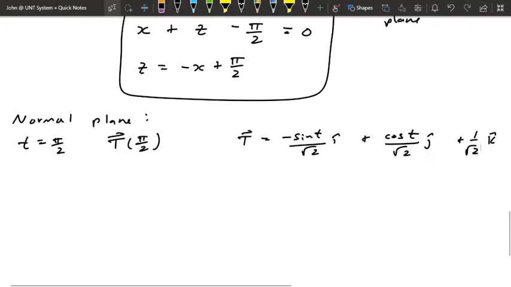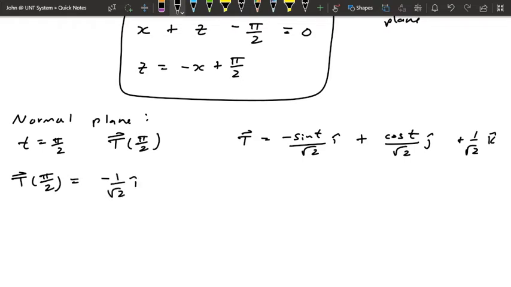And we'll plug in lowercase t equal pi over 2. All right, so that's minus 1 over root 2 i. Cosine pi over 2 is 0. 1 over root 2 k.